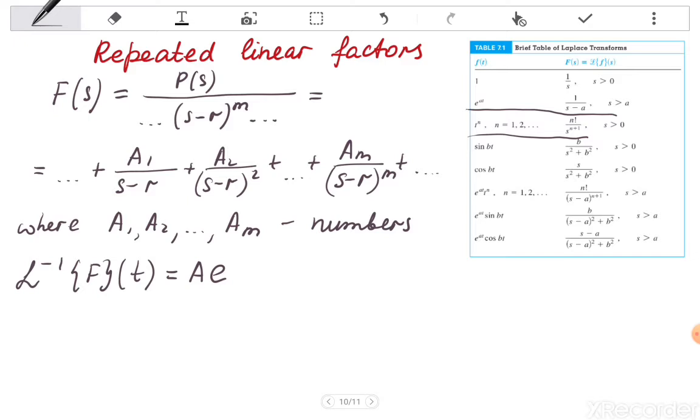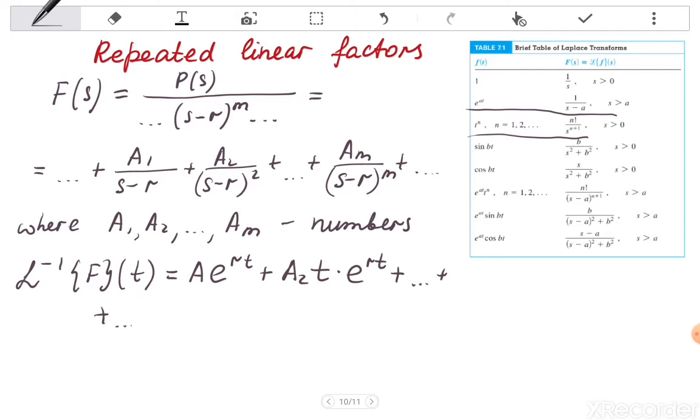In our case, a is equal to r, so e to the power rt. For (s minus r) squared, we use this formula for n equal to 1. So this will be a2 t, because n is 1, times the displacement by r, e to the rt, by the theorem from the first lecture, and so on.